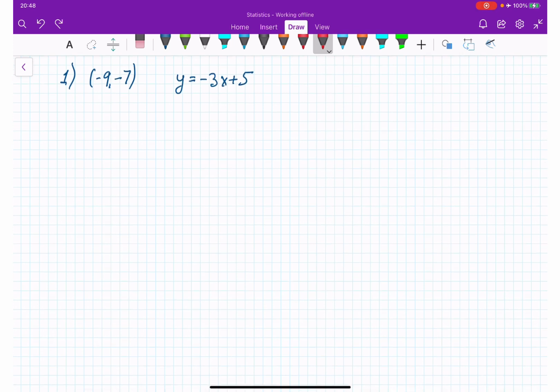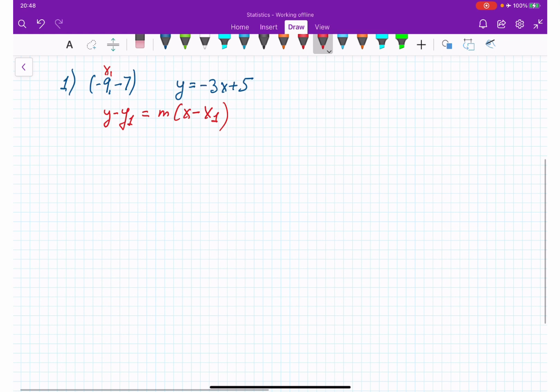the point slope equation. y minus y1, remember? y minus y1 is equal to m times x minus x1. So this is my x1, this is my y1, okay? And where is my slope? This is my slope, -3. So let's plug in. m is equal to -3.